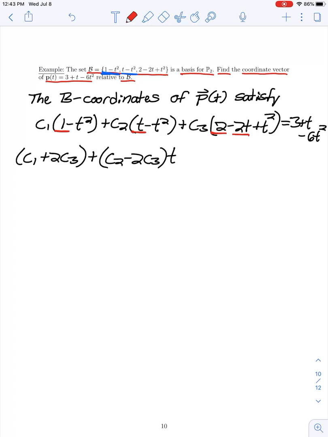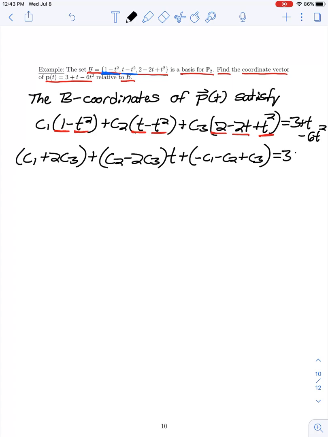Then for our t squared term, we're going to have negative 1 c1 t squared minus 1 c2 t squared plus c3 t squared. So our coefficient for t squared is negative c1 minus c2 plus c3.